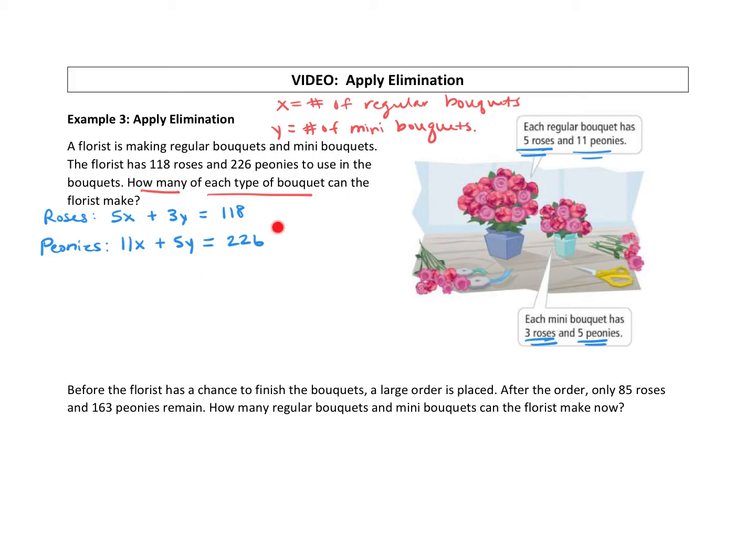All right, so here's our system. X's are lined up, Y's are lined up, equal sign is lined up. So great. We can do elimination.